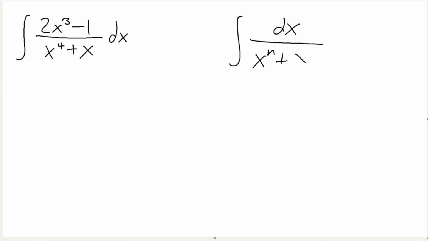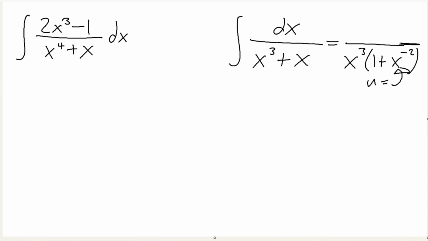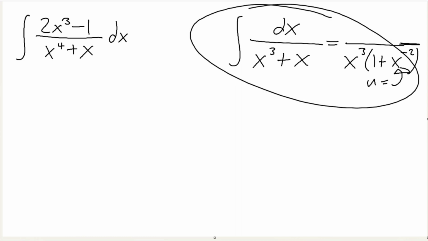Whenever you have something like x cubed plus x, the best thing to do is to factor everything, x cubed times (1 plus x to the power of negative 2), and then u sub this.